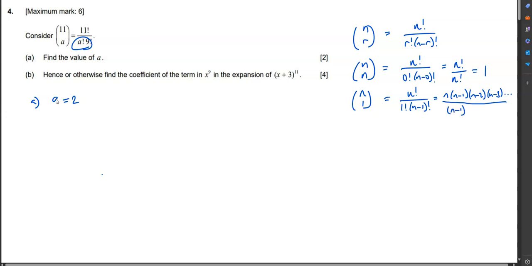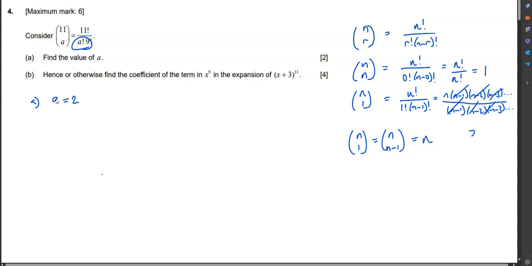And you can see the terms all cancel, and we are left with n. So we have our second important result: n choose 1 is the same as n choose n minus 1, which is n.